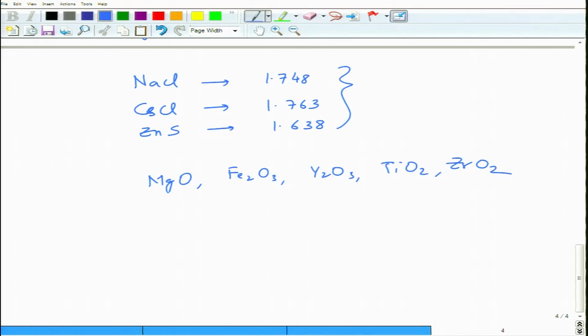So you go from +1, -1 to +2, -2, 2 and 3, and then 4. So as a result, these solids tend to have higher ionic bond strength, and their melting points also tend to increase, generally speaking.